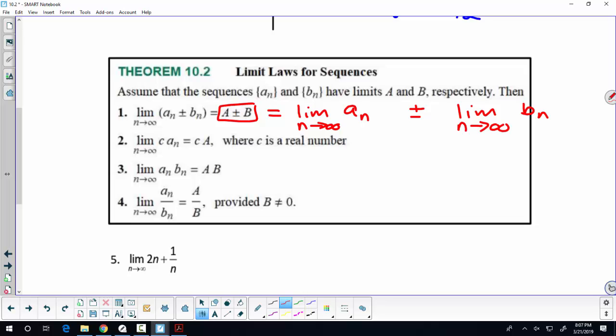If you have a constant involved, you can pull the constant out. The limit of a product is the product of the limits. The limit of a quotient is the quotient of the limits, provided you don't divide by 0.